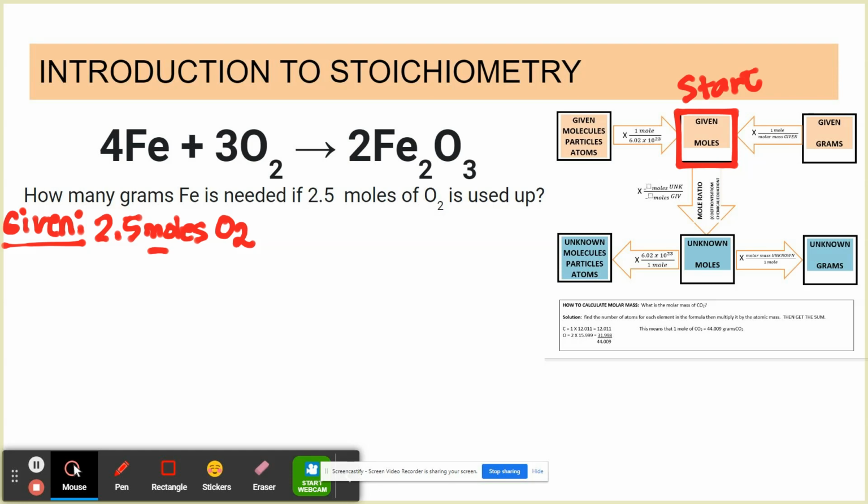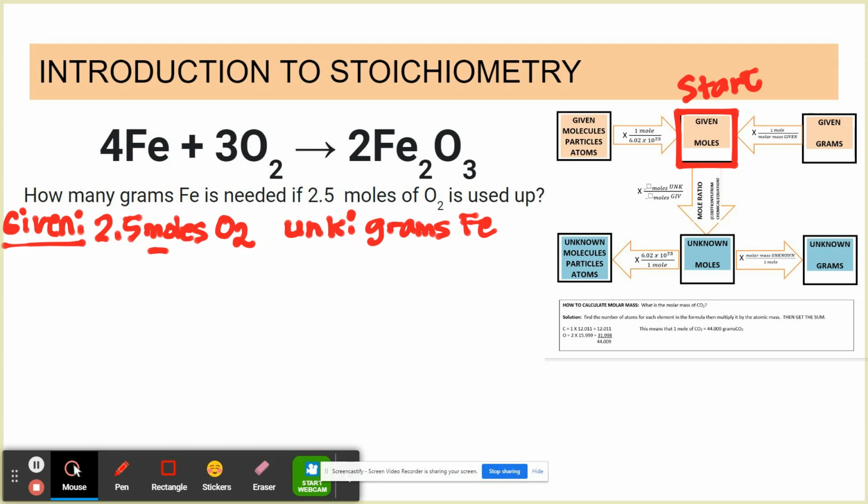All right. Let's look at our unknown. Again, it follows the words how many, what is. So you have to look for those keywords. The question is how many grams of Fe? So let's look at our flow chart.